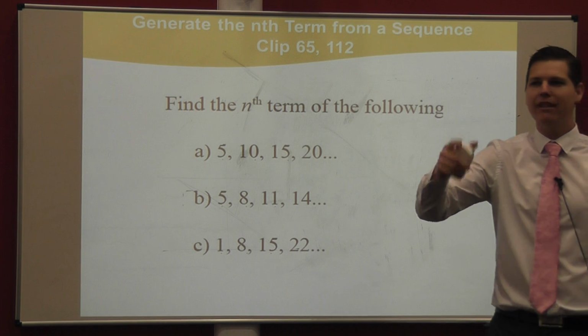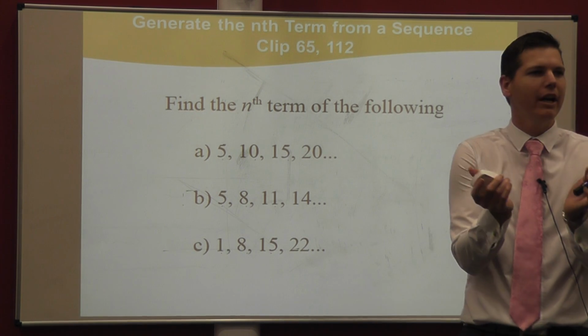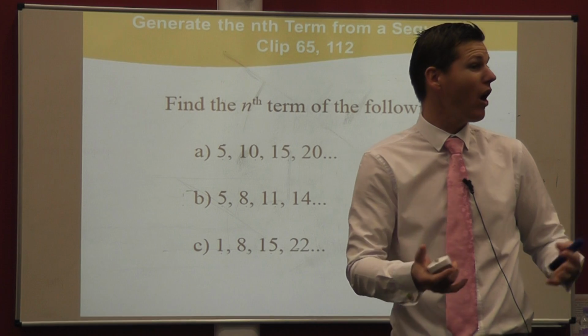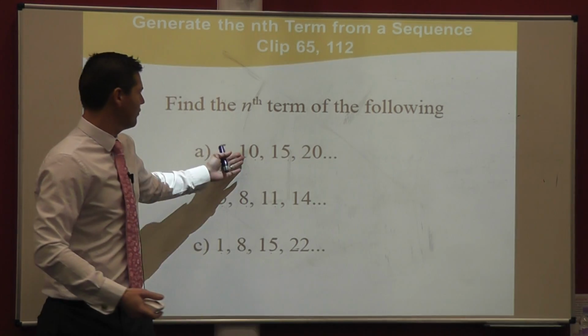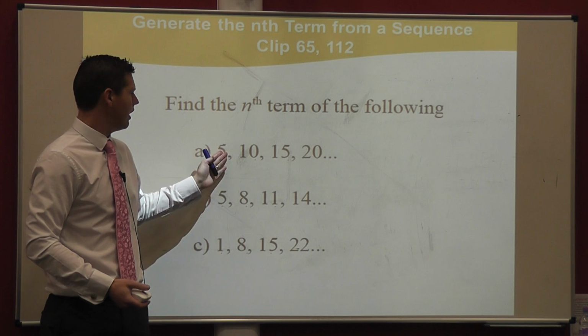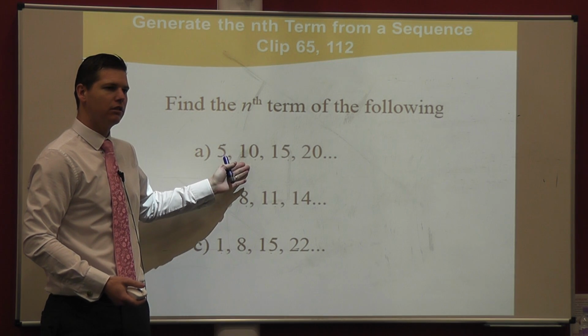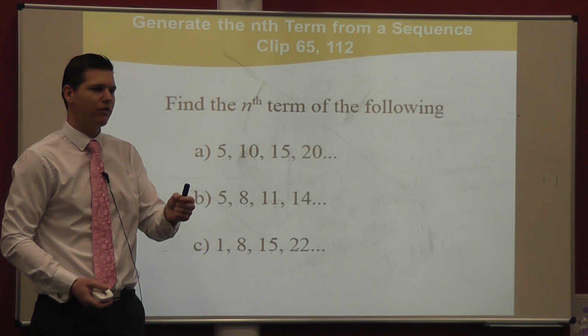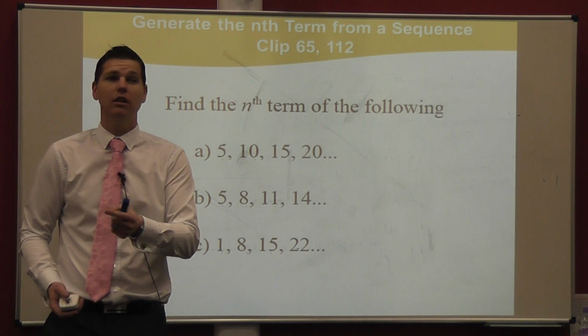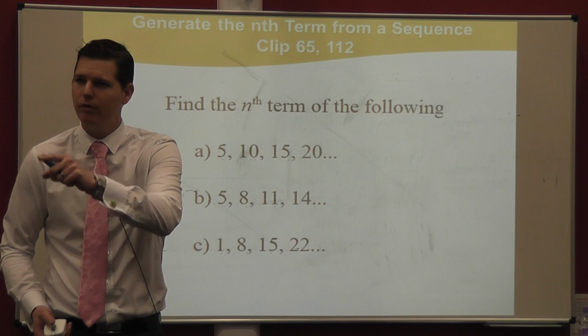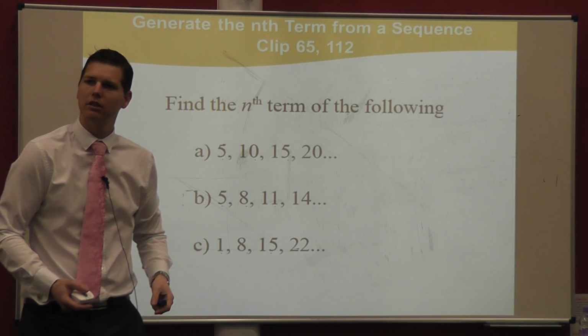Alright, so let's have a look. Nth term. It's just a way of writing a little bit of algebra to describe a pattern. So help me out. What's the pattern in this first one? 5, 10. So what's the pattern? Be a bit more descriptive than just 5. Plus 5. Why did you say plus 5? Because it's plus 5 every time.